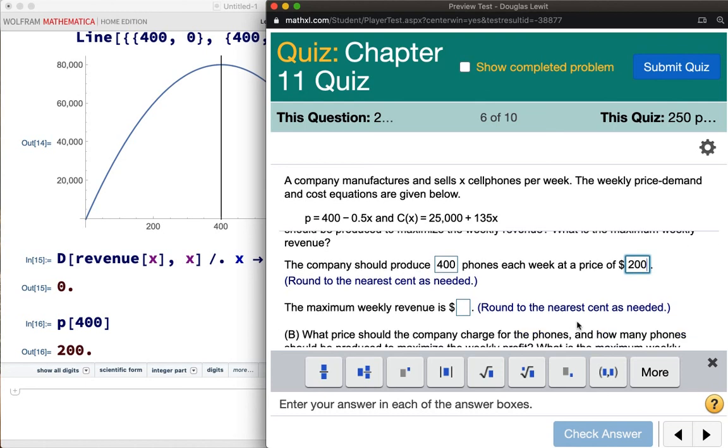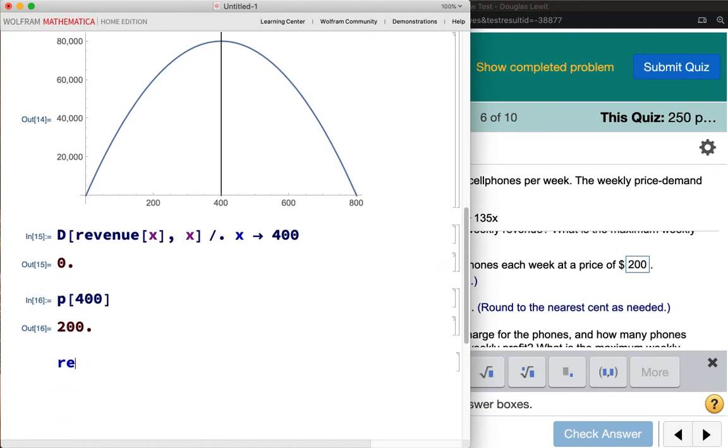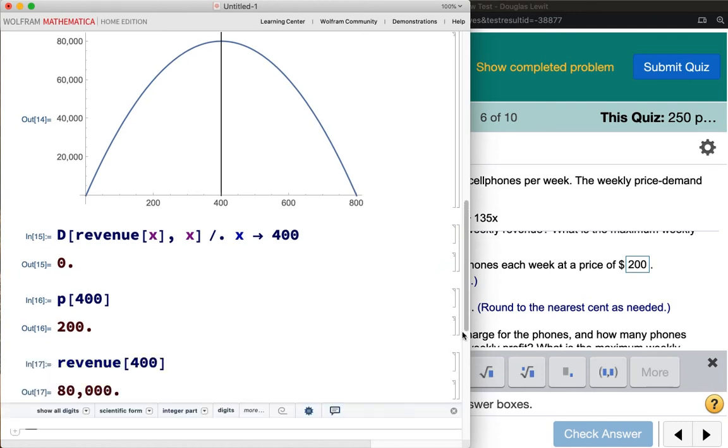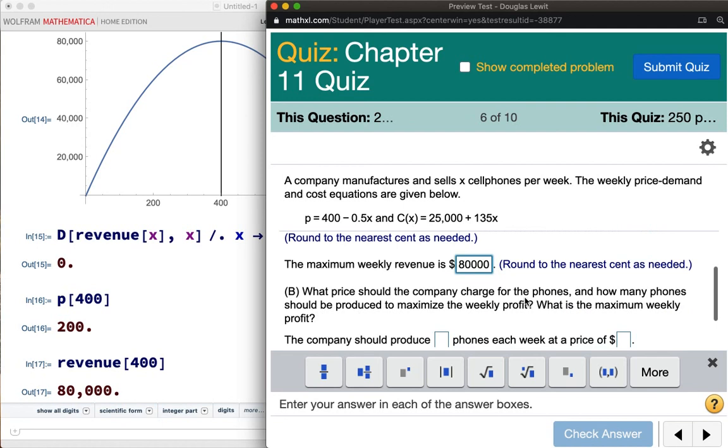And the maximum weekly revenue is going to be, well, that's easy. Revenue of 400 is equal to $80,000. Okay, $80,000.